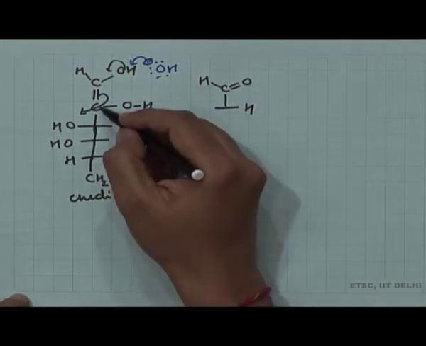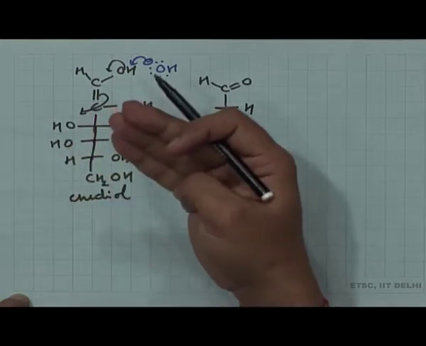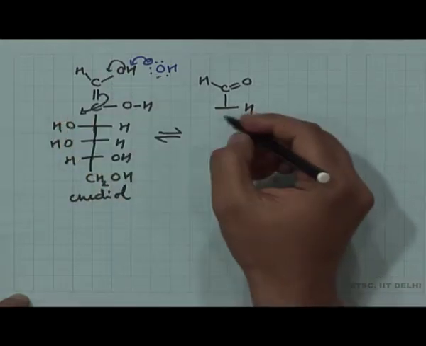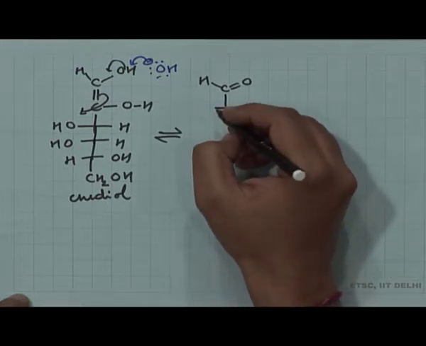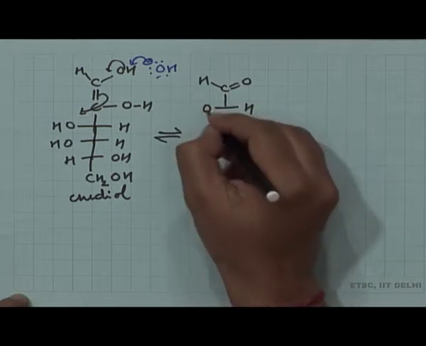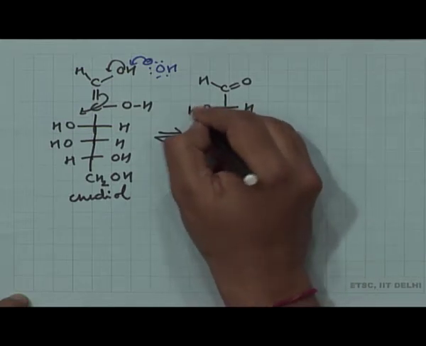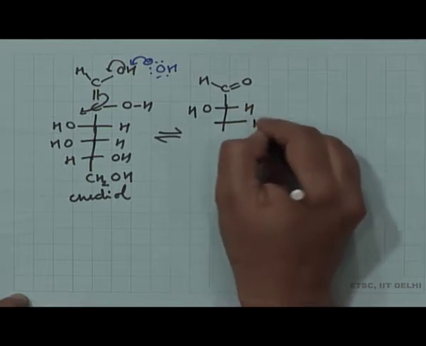Now, again protonation can happen from both faces, from the top face or from the bottom face. If it happens from both faces, that will lead to the two corresponding stereoisomers of the aldohexoses.